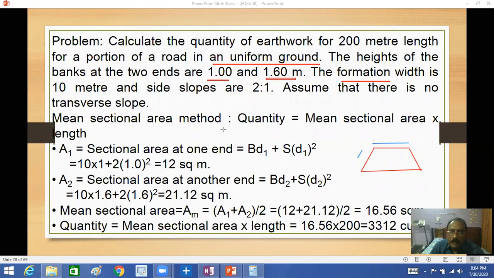First we'll calculate by the mean sectional area method. What do we do in the sectional area method? Here we take D1 and D2, and we calculate one sectional area A1 and the other sectional area A2.